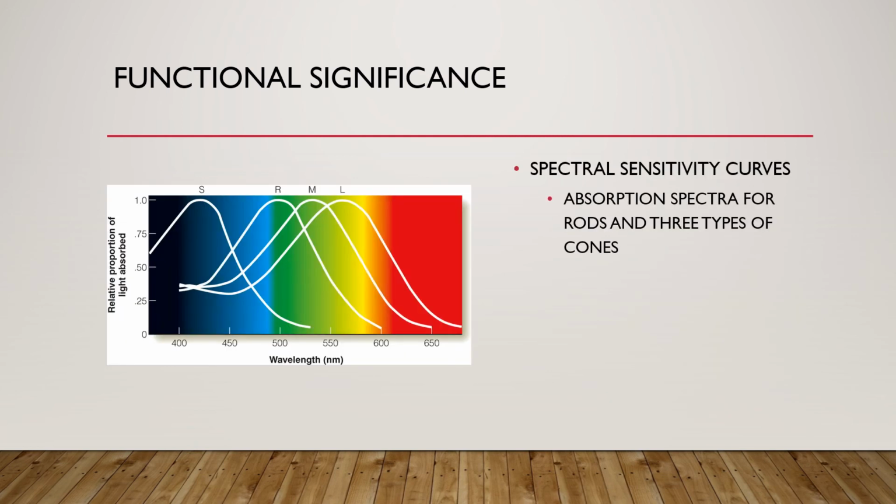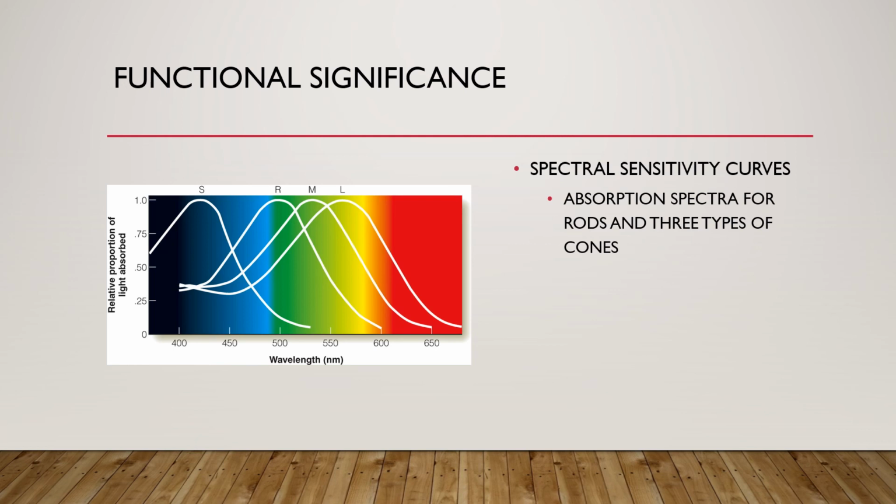The cones give us color vision because we have 3 different types of cones. We have short wavelength cones absorbing maximally at about 419 nanometers, medium wavelength cones, marked there with the M, absorbing maximally around 531 nanometers, and then long wavelength cones absorbing maximally around 558 nanometers.